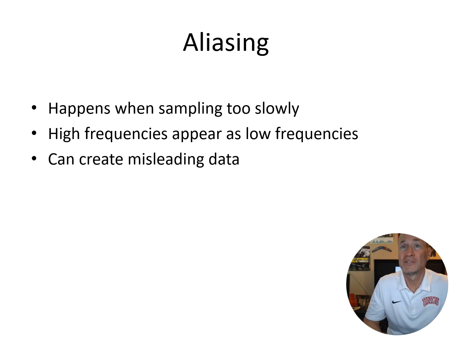And so aliasing is when high frequencies appear as low frequencies, and it ultimately can create misleading data. This has shown up in research when we are using devices, sometimes off the shelf, which do not have an adequate sample rate. For example, I was testing out an instrument that measured muscle activity, and the data just weren't coming out as expected.